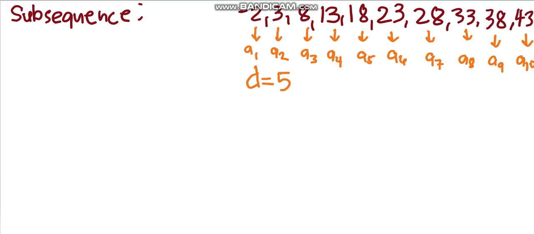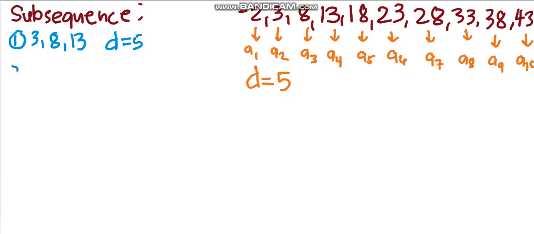Let's have one example of a subsequence of the original. Example is 3, 8, 13. Observe that D is still 5.